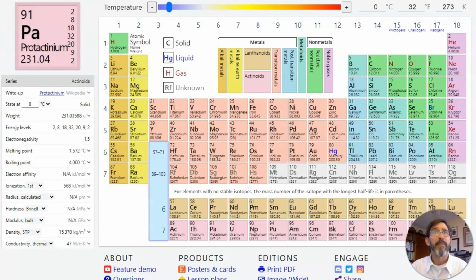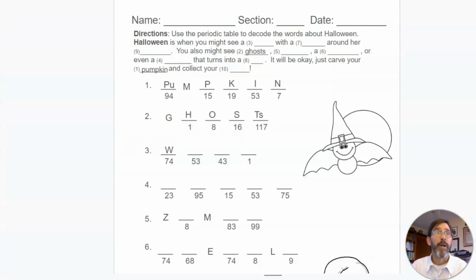Number 53 can be found on the right, at the bottom of the reactive nonmetals. That would be iodine, capital letter I. For number 53, go ahead and print a capital letter I.